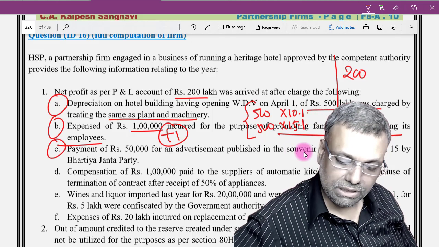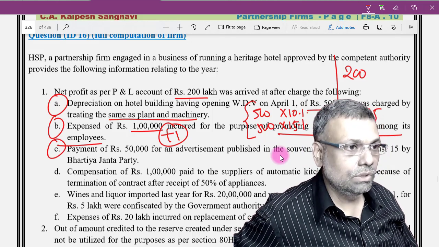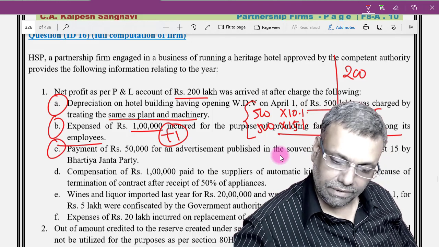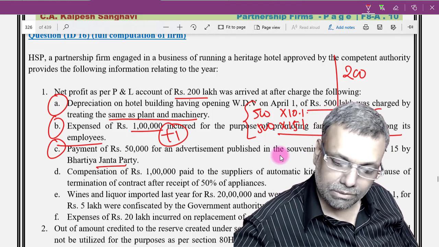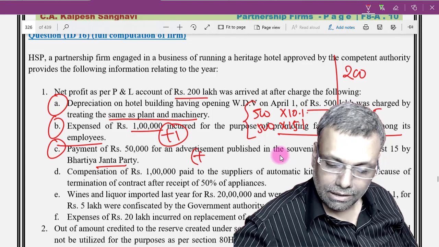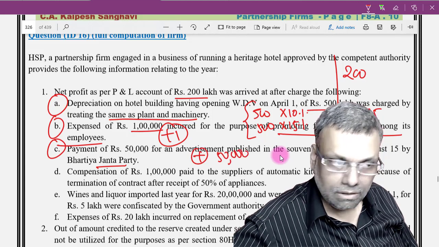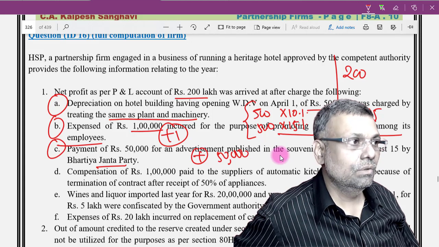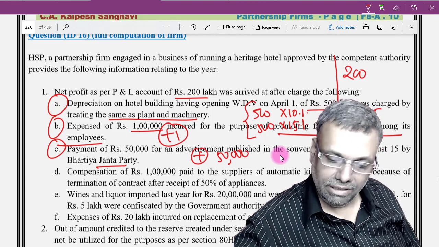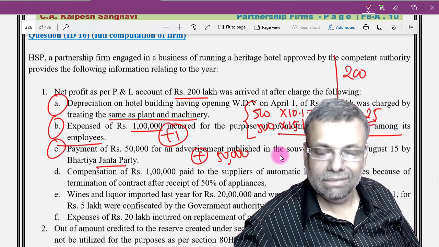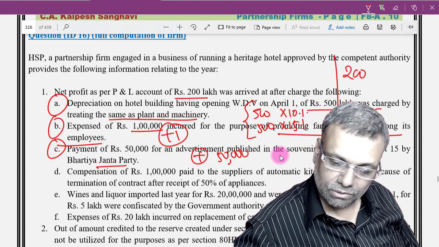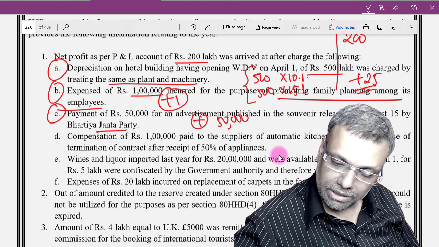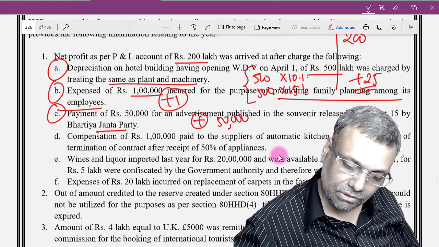Point number C. Payment of 50,000 for advertisement and souvenir purposes to Bharatiya Janata Party, the political party. So add 50,000. However, this 50,000 you can get as a deduction under Chapter 6A, but we are just doing business computation, so just forget it. Now if it is given in cash, then it cannot be allowed, but cash data is not given, so that's okay.